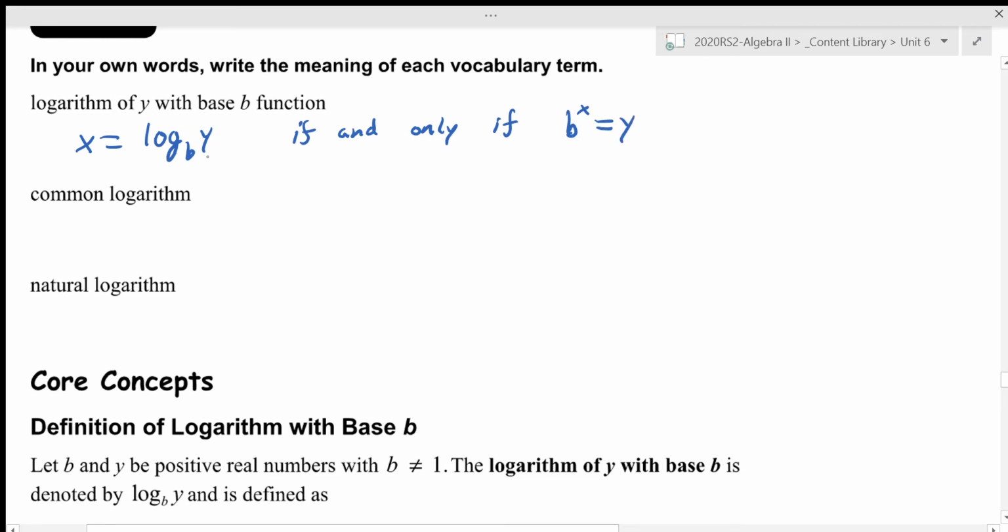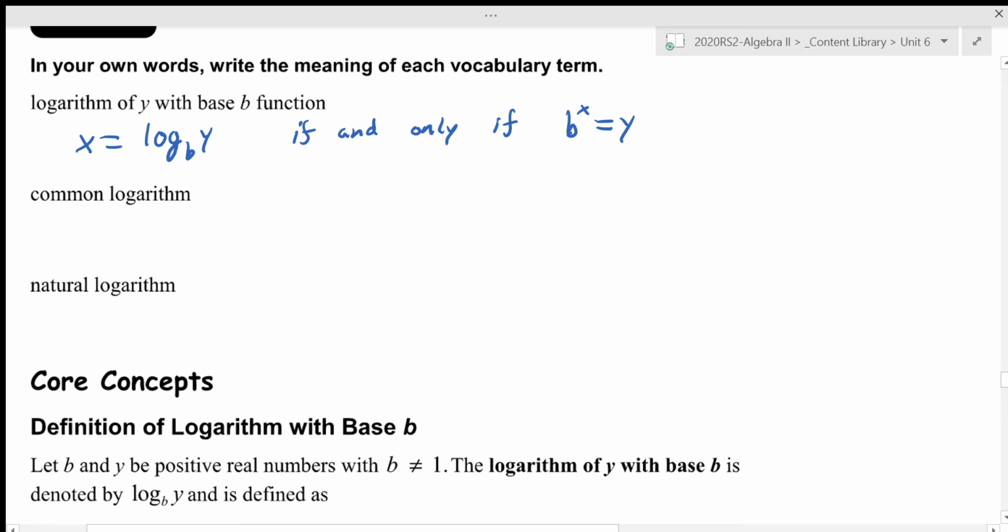All right, so these two things give me the same exact information. And in fact, it's quite easy to rewrite one in terms of the other. And you'll see that fairly shortly here.